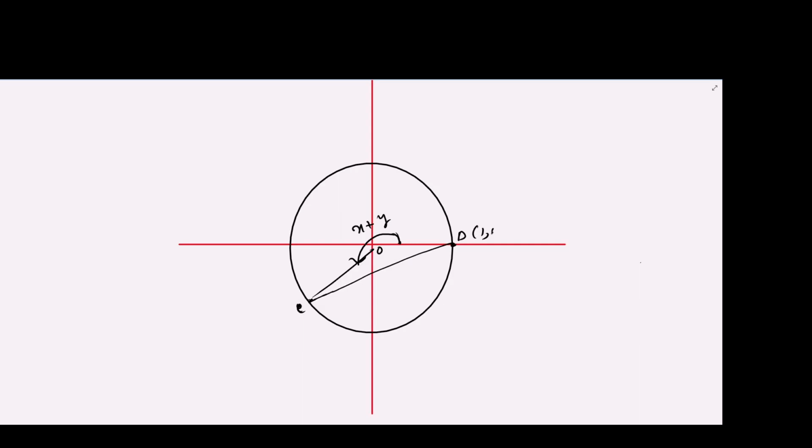So D point is 1 comma 0, and the coordinates of point C are cos x plus y and sine x plus y.